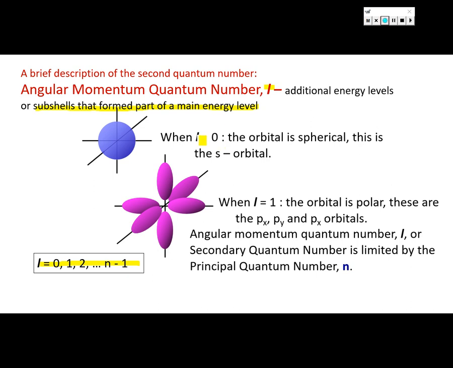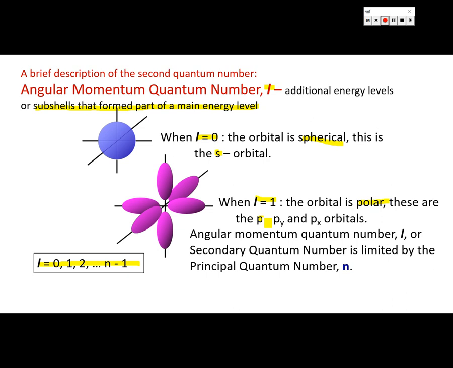So L is 0, that's a sphere. We call that S. When L is 1, we call the orbit polar because it's on all 3, X, Y, Z, or we use the letter P.